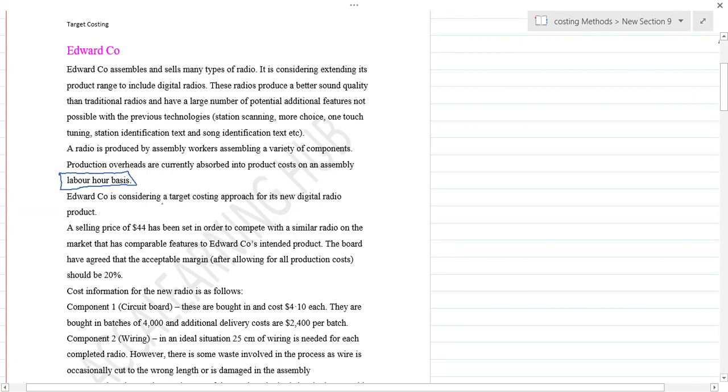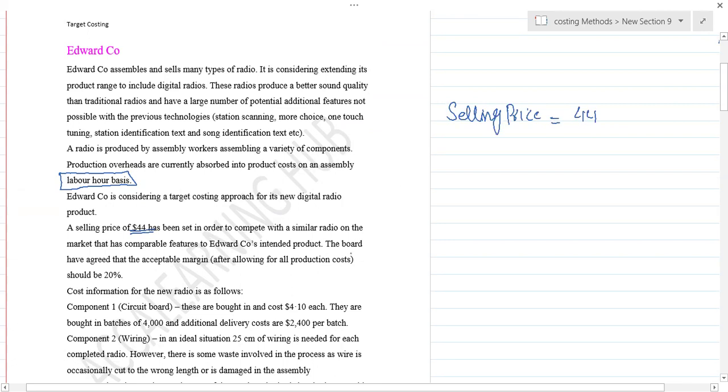Advert company is considering a target costing approach for its new digital radio product. A selling price of 44 has been set in order to compete with the similar radio on the market that has comparable features to the Advert company's intended product. The target price or the selling price of the radio is 44.